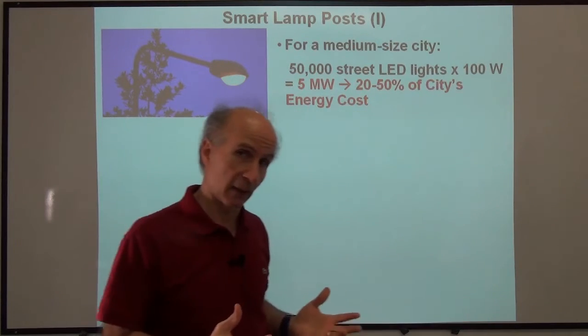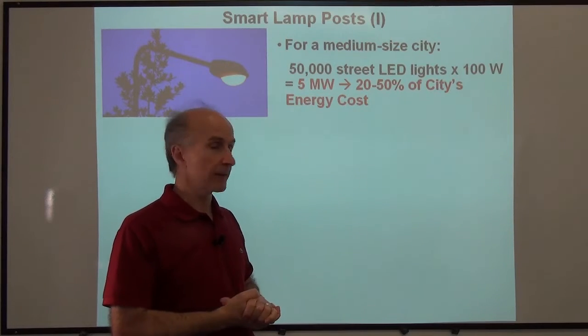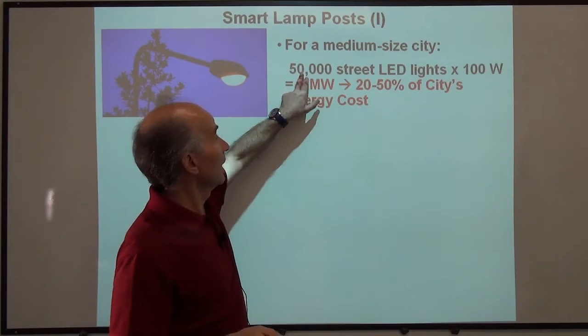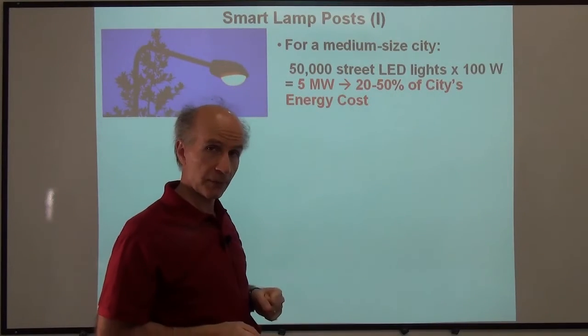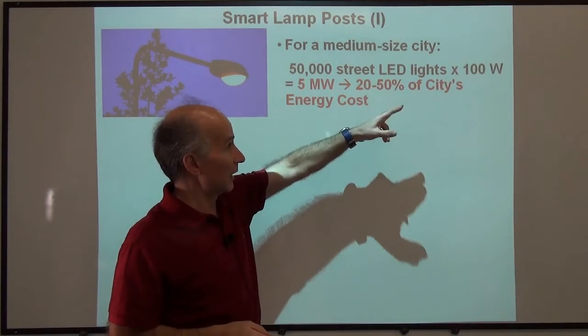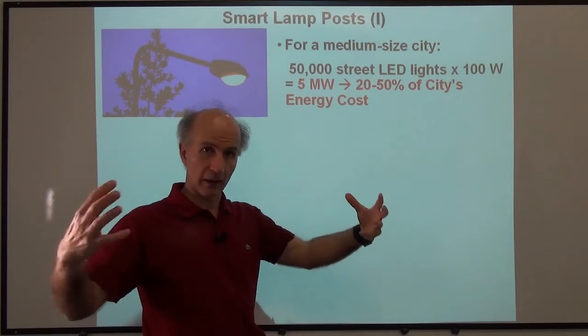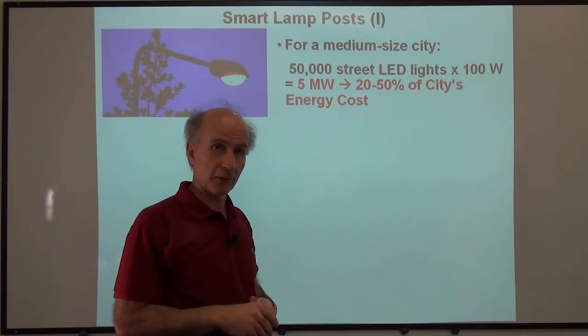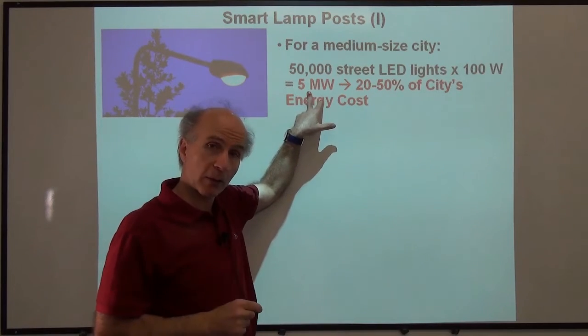Imagine that we have LED lights, so they are somewhat power-saving devices. And suppose that a medium-sized city has 50,000 of these lampposts. And each of these LED lights consumes 100 watts. These have to be pretty strong LED lights so that they can provide some lighting on the street. So that adds up to 5 megawatts of power.